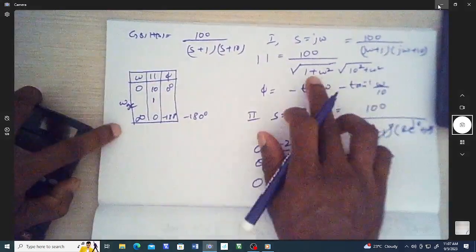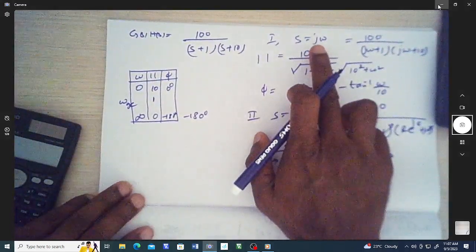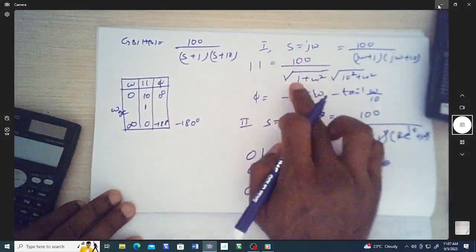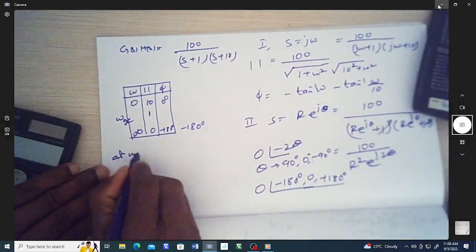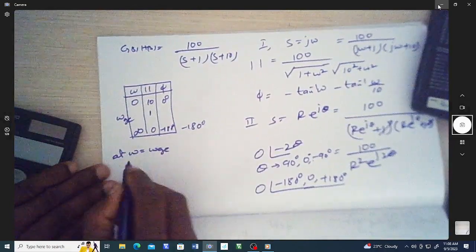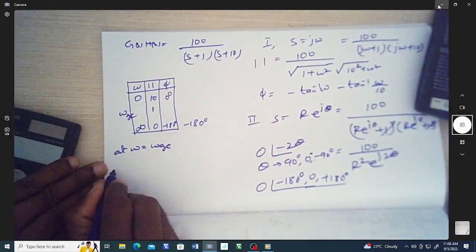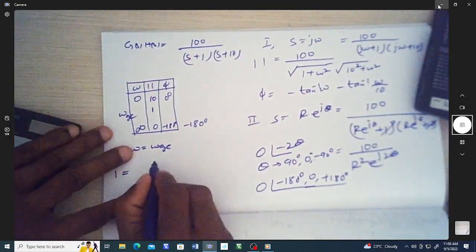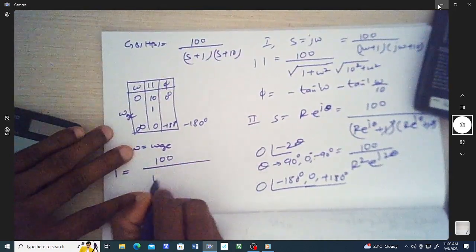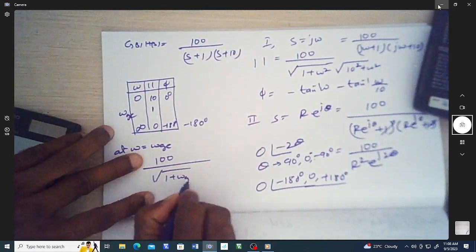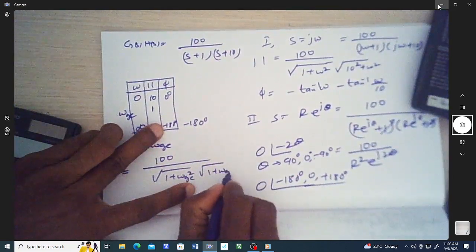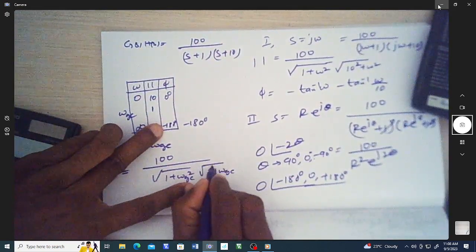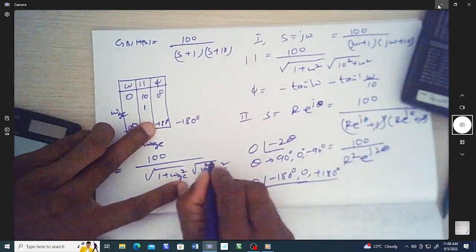For that, I'll equate this 100 by this quantity to 1. At omega equal to omega gc, the magnitude is equal to 1, which is nothing but 100 by the square root of 1 plus omega gc square, into the square root of 10 square plus omega gc square.